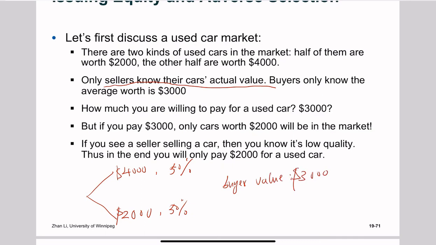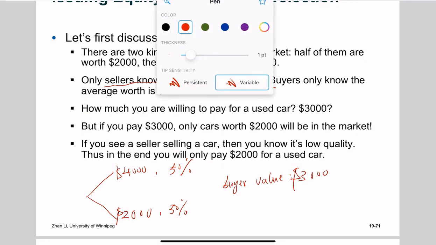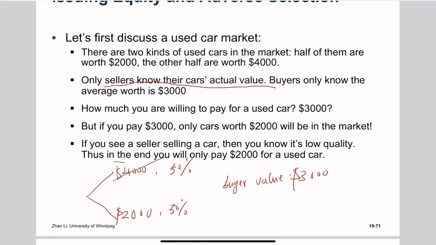Now think about this. If buyers will only want to pay $3,000 for a used car, then a seller with a car whose value is $4,000 will never want to sell this car in the market, right? This implies that the $4,000 cars will altogether disappear from the market. And then buyers will understand this, right? So buyers will revise their estimation.